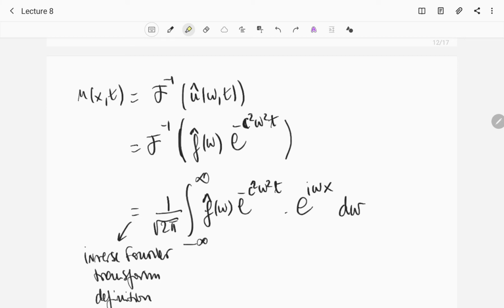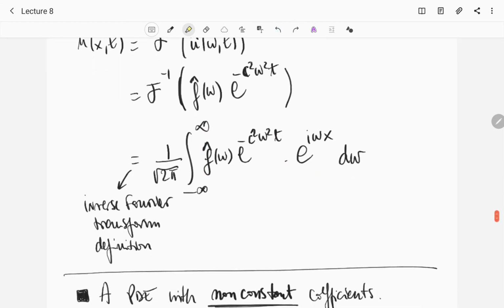Then from this line to this one, we just copy what we got in step 2, which is the expression of the Fourier transform of u in omega t. And then in the other line we just use the definition of the inverse Fourier transform of a function, which has this factor in the front and the integral from minus infinity to infinity of this function and this exponential here.